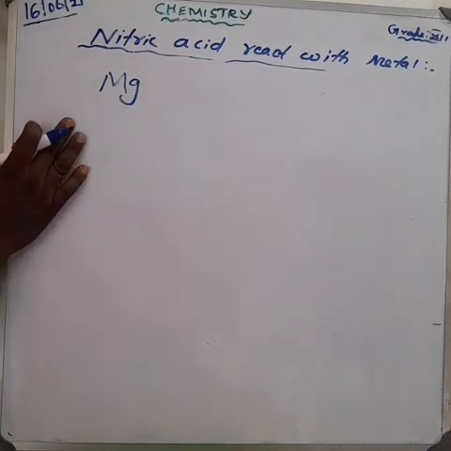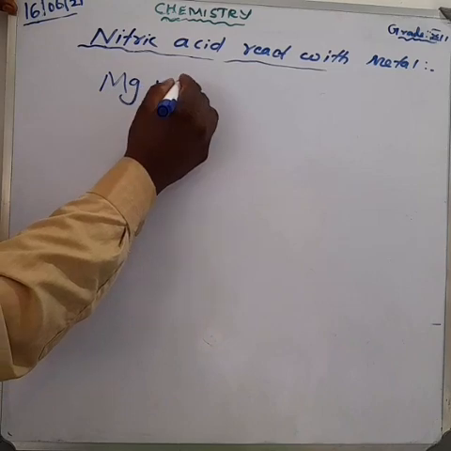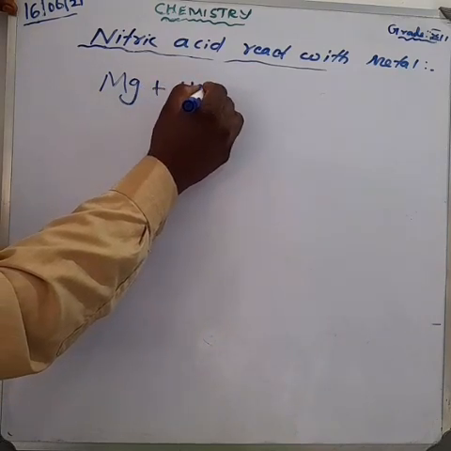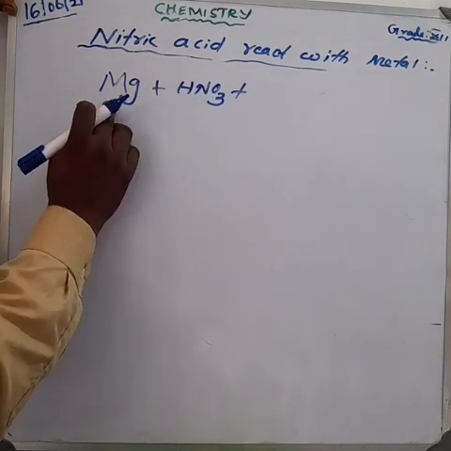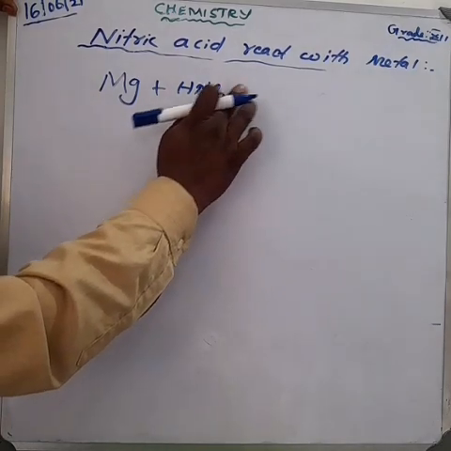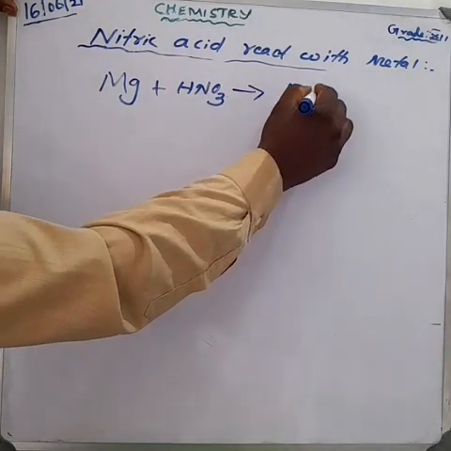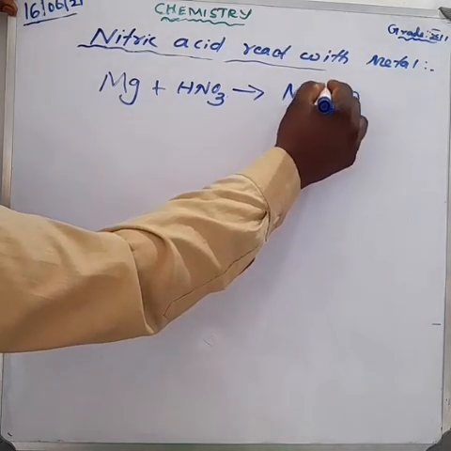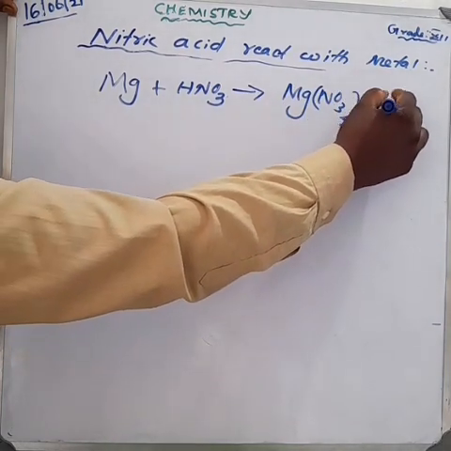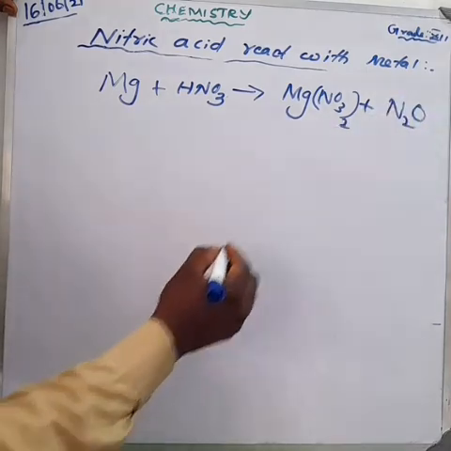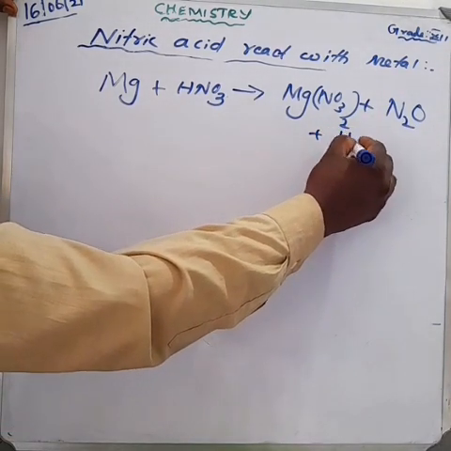So you have to write what happens. Magnesium reacts with nitric acid: Mg plus HNO3 gives magnesium nitrate, Mg(NO3)2, plus nitrous oxide N2O, and also we get water molecules H2O.